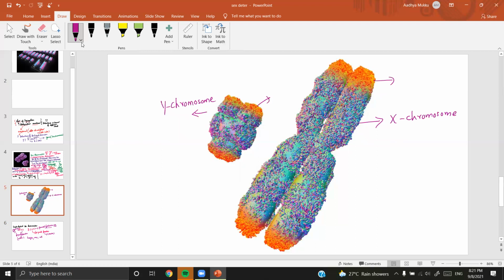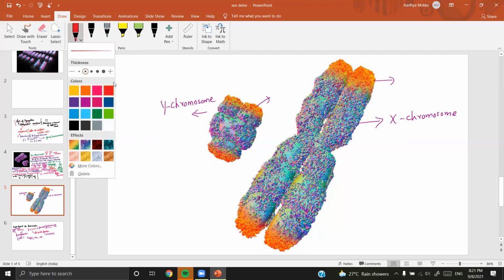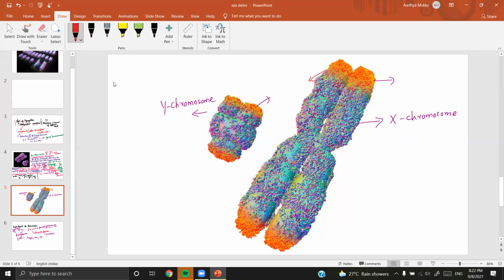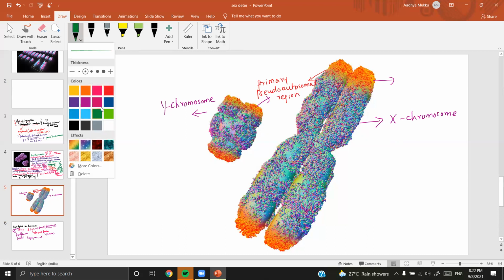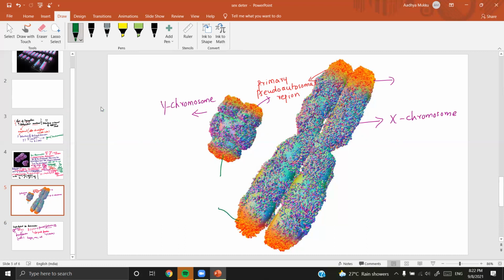These two typical structures at the top are called the primary pseudo-autosomal regions. And the next one at the bottom of both the X and Y chromosomes is called the secondary pseudo-autosomal region.